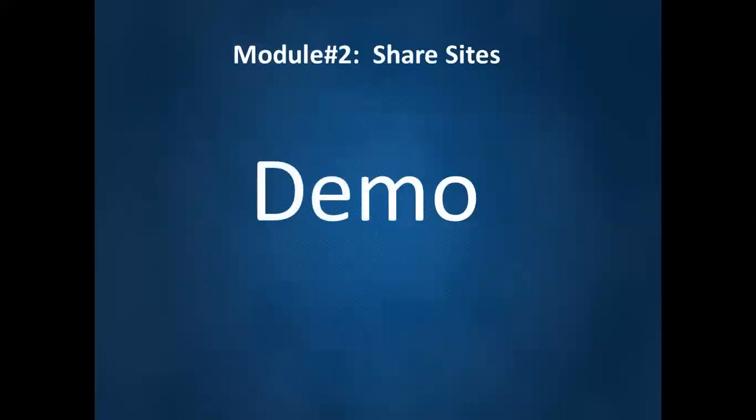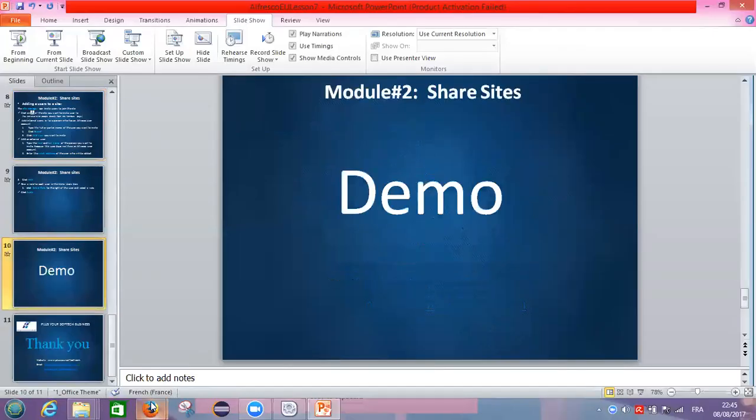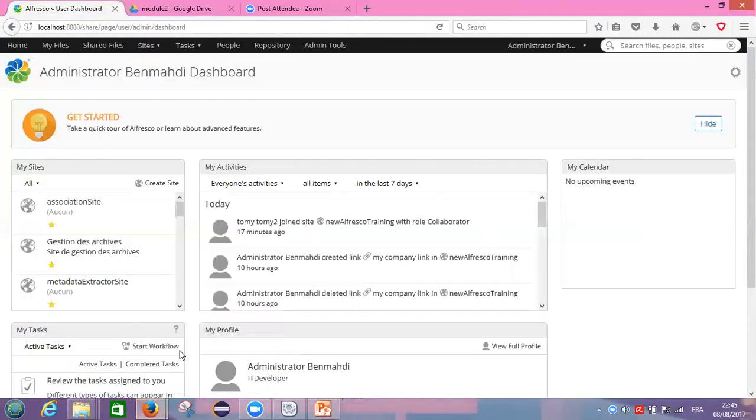Now let's move to a demo. So here we are in our Alfresco dashboard. For adding our user, or for giving our user a permission role, we need to go, like I explained before, to choose a site.